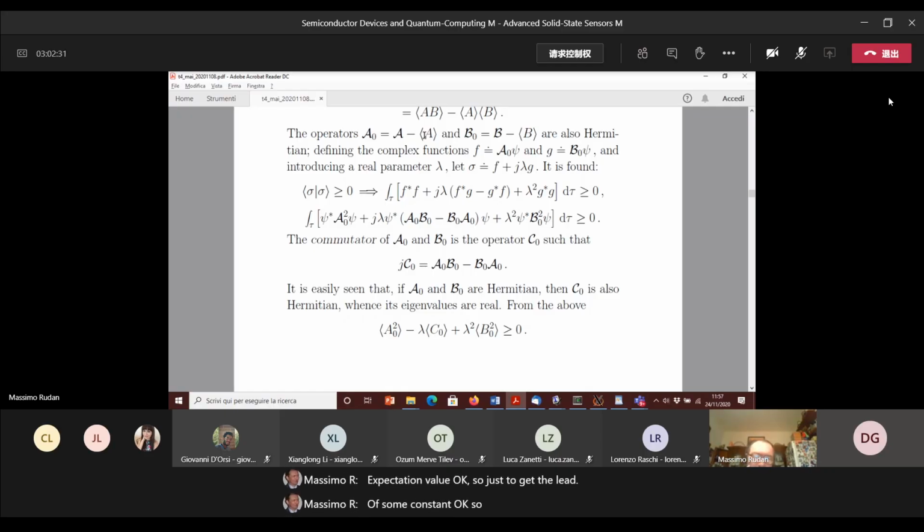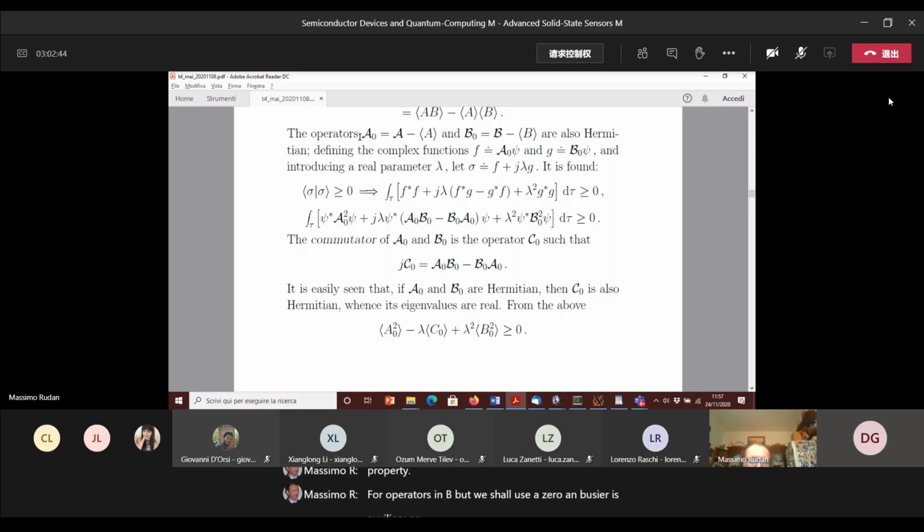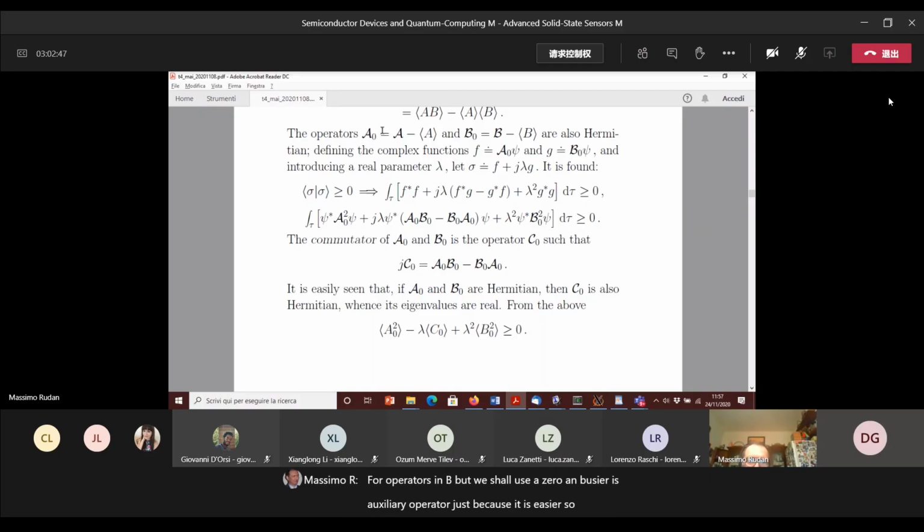Actually the goal is to prove a property for operators A and B, but we shall use A0 and B0 as auxiliary operators just because it is easier. So A0 is A minus the expectation, and B0 is B minus the expectation. Of course, the expectations are constant, okay? So if A is Hermitian, also A0 is Hermitian, and if B is Hermitian, also B0 is Hermitian.